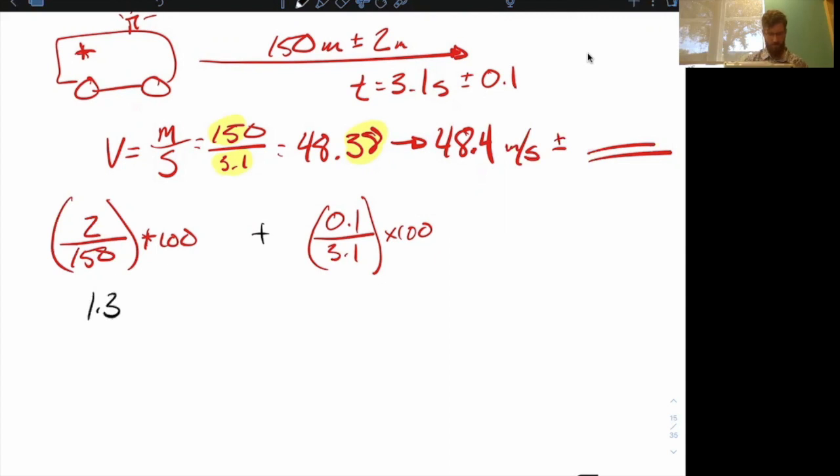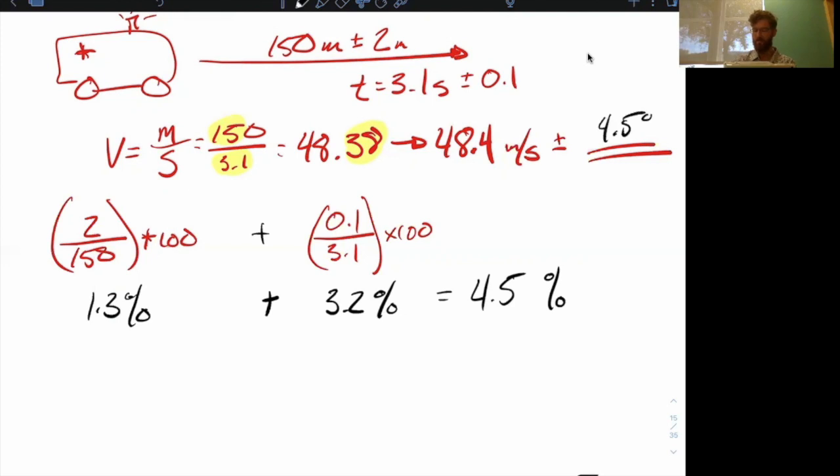Here we get 1.3%, and here we get 3.2%. What is our total? 4.52%. Again, we don't need that number because we're keeping everything nice and simple. 4.5%. And we have what is a pretty acceptable answer.